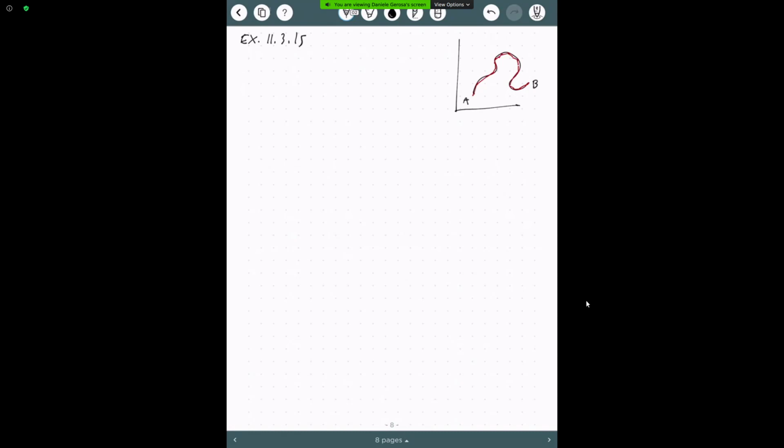Okay, so let's see. We want to compute the length of the curve. Now I lost the, where is it? Right.